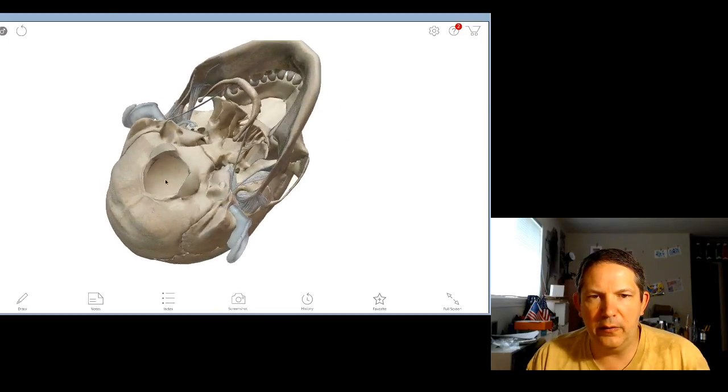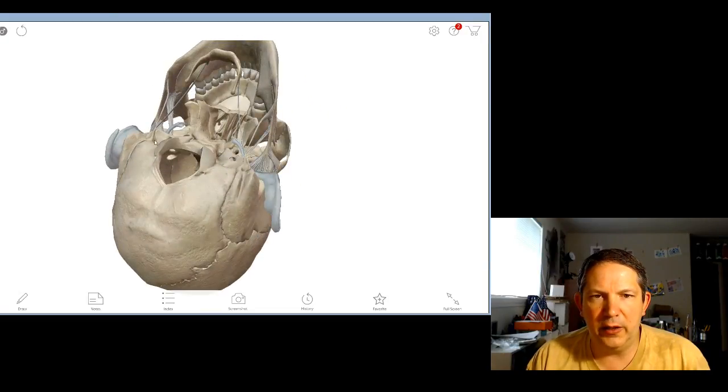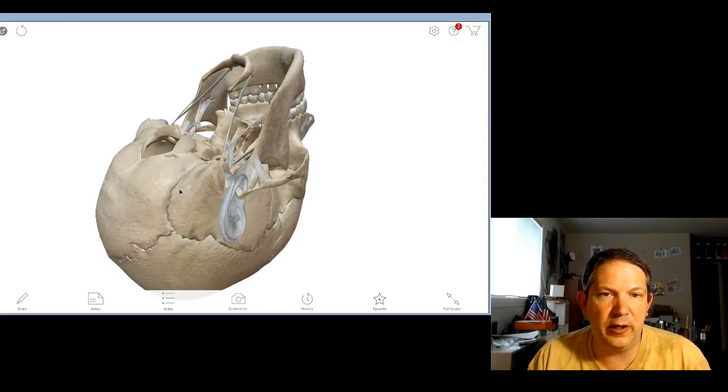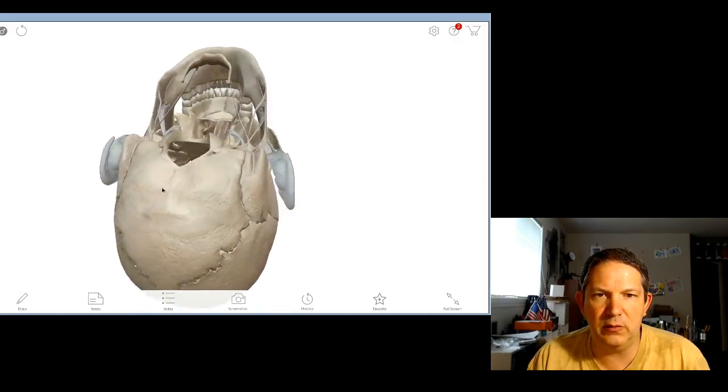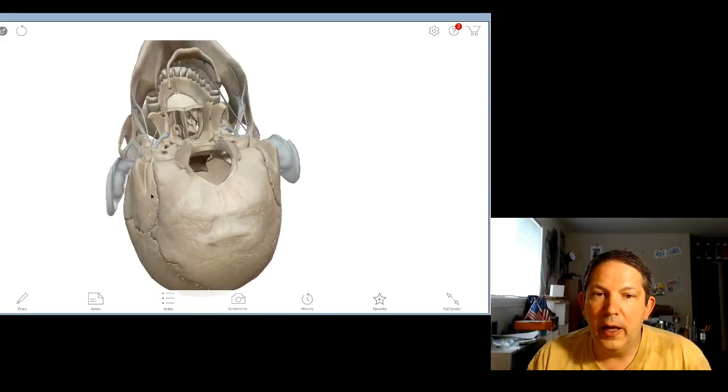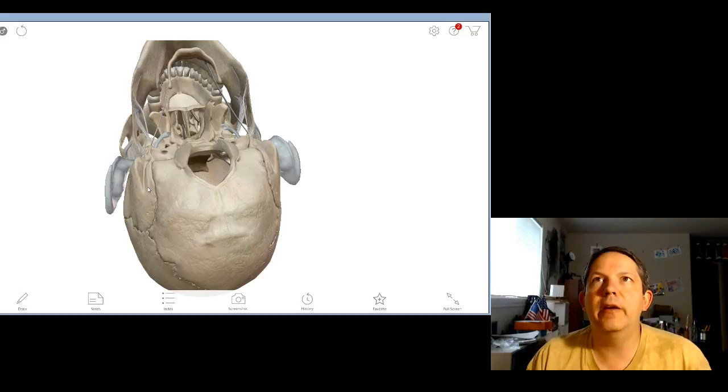So the foramen magnum and the two occipital condyles. Having two occipital condyles is a mammalian trait. Birds and reptiles just have a single occipital condyle. This is articulating with the first vertebra and allows you to have this up and down, yes, motion.